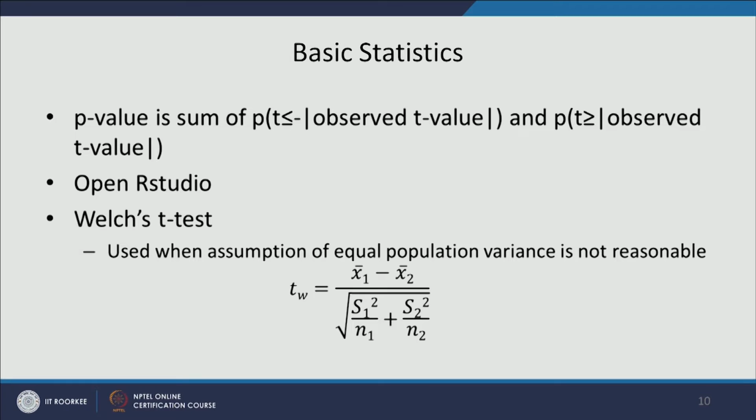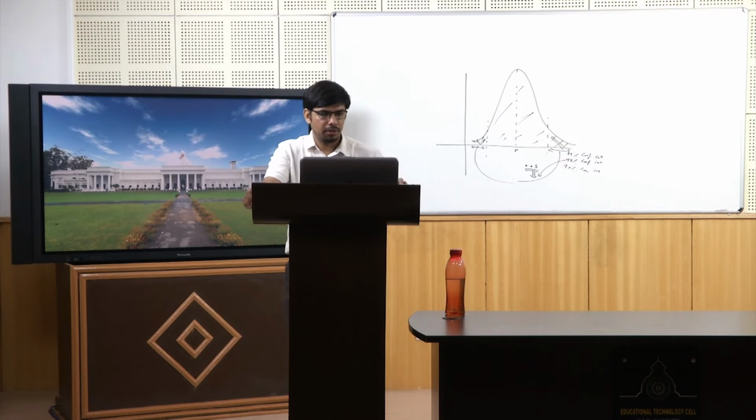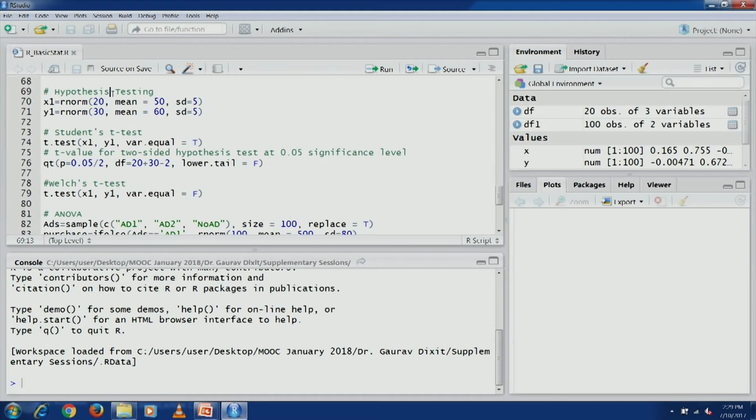Now, let us open RStudio and go through one example which is related to student's t-test. So, let us first create this hypothetical data. We have these two variables x1 and y1. We are going to use the rnorm command that we discussed in the previous lecture.